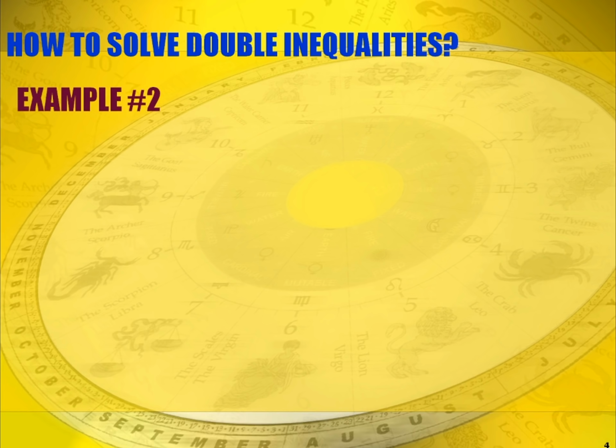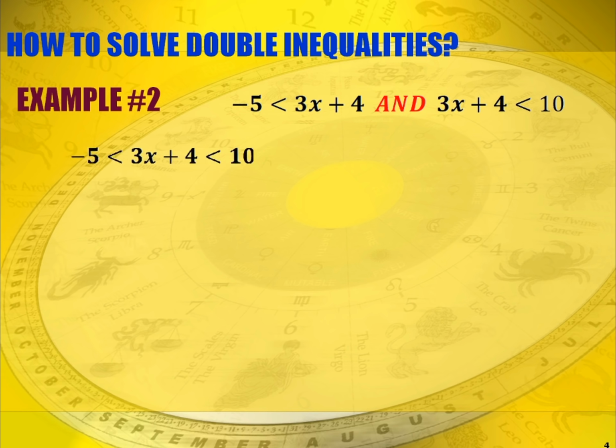Now, let's go to example number 2. Negative 5 less than 3x plus 4 and 3x plus 4 is less than 10. This is the combined form of the two inequalities: 3x plus 4 is greater than negative 5 but less than 10.